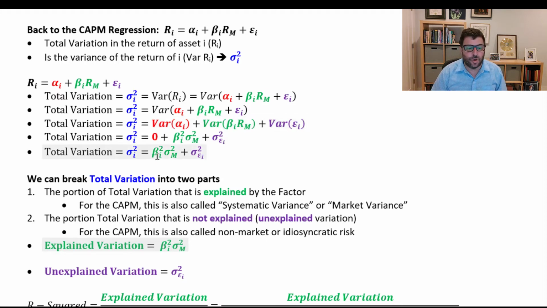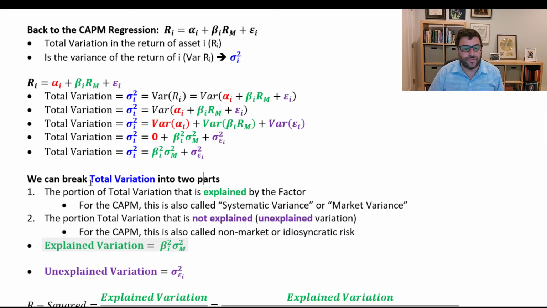Therefore the total variation, the variance of the return of this stock, and this is, remember, how it does relative to its mean. Sometimes it's way above its mean, sometimes it's way below its mean. This has two components. The first component is how much the market varies times the relationship between the stock and the market, and the second part is the variance of the error terms.